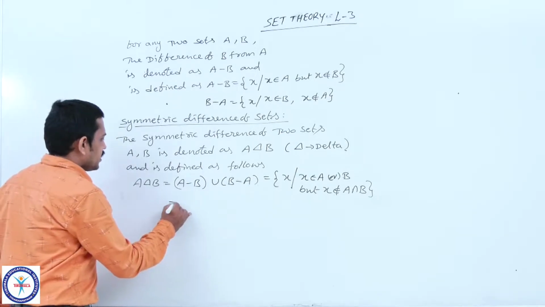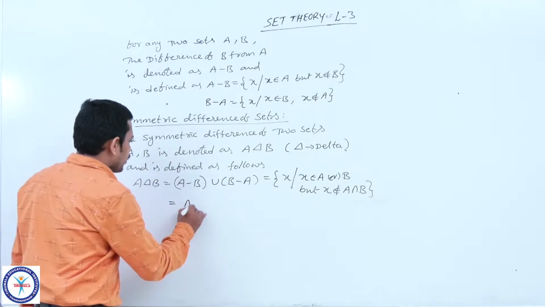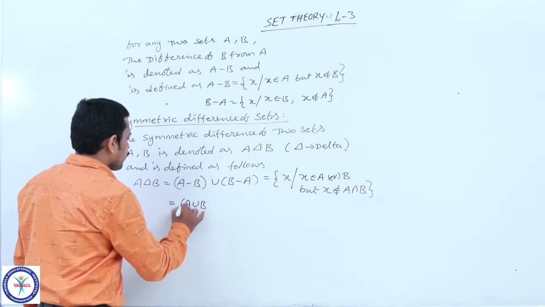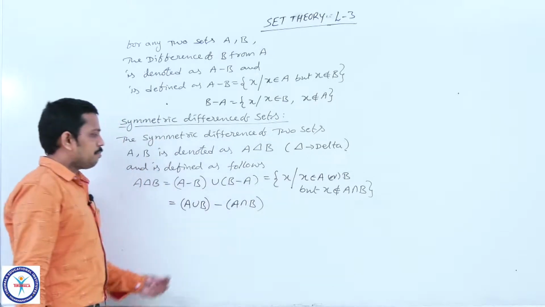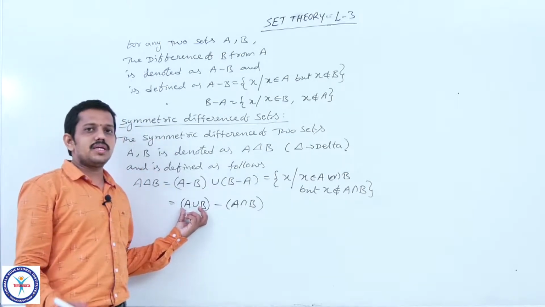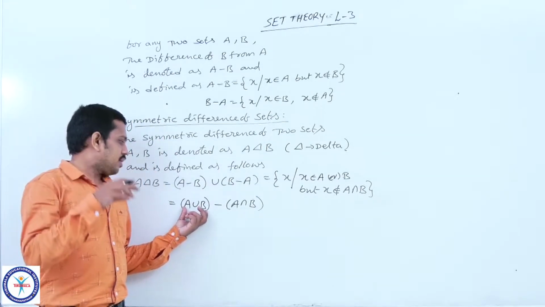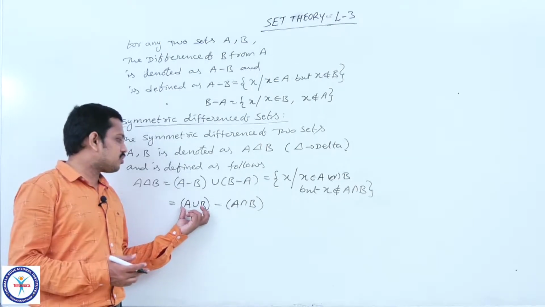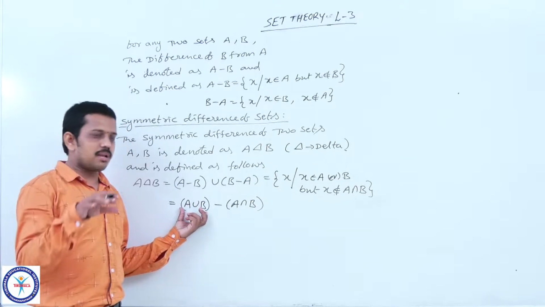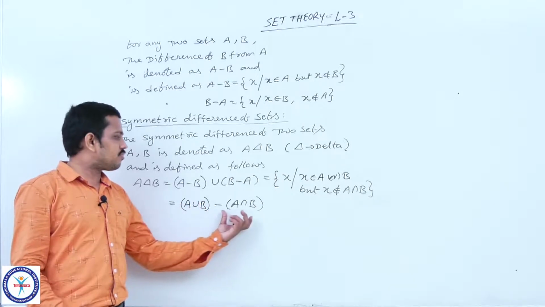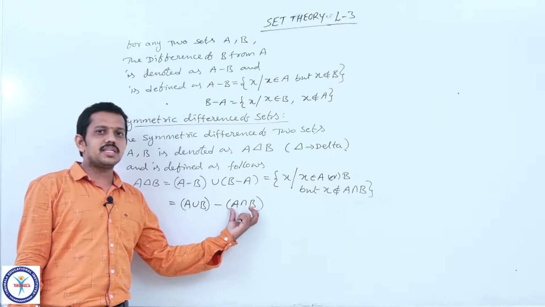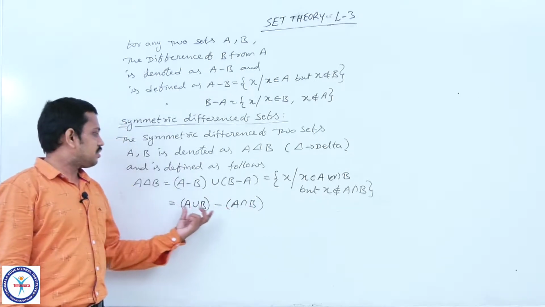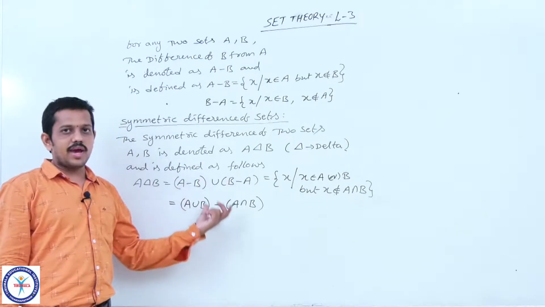So this can also be written as A union B minus A intersection B. What is A union B? The set of all elements either in A or B, belonging to A union B. So these are the total elements. From these total elements we can exclude the common elements in A and B. So these two give the same values.